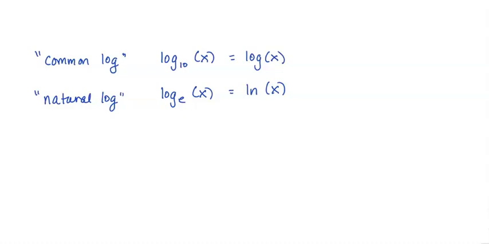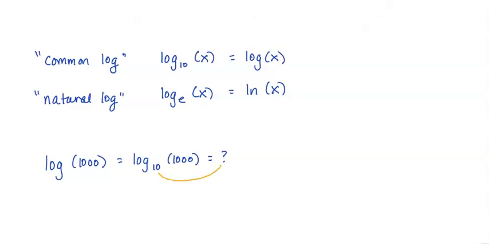So looking at one example here to finish things out. If you were to see something like log of 1000 and you were trying to find the value of that, we could think of this as log base 10 of 1000, since this is a common log, since no base was written in. And so we're trying to find out what the value is for that. Use that snail method idea to help you think through.